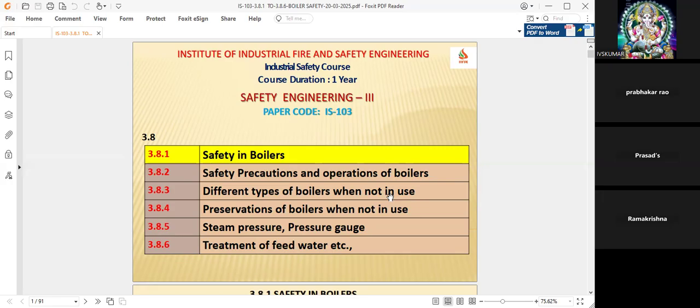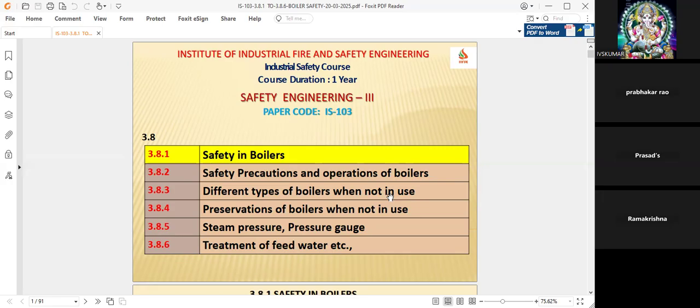It's not supposed to be just shut and the door closed. You have to keep it circulated with chemical treatment or water treatment or hot water treatment, depending upon the manufacturer's manual suggestions, when not in use. That is the meaning of that.